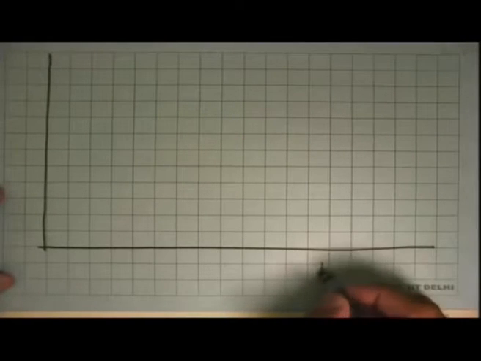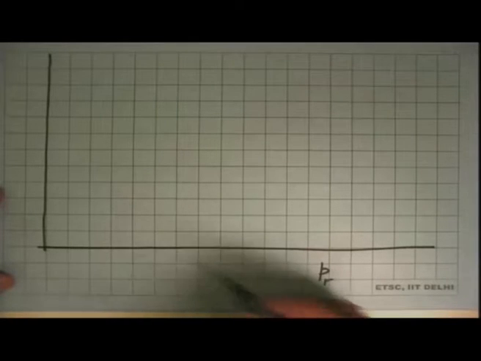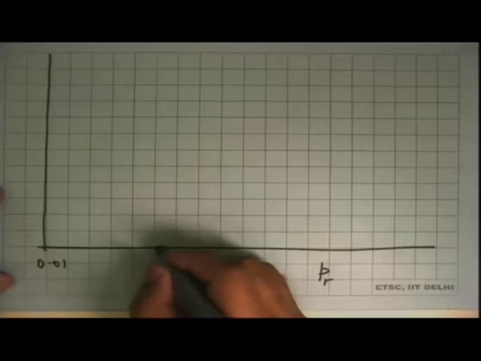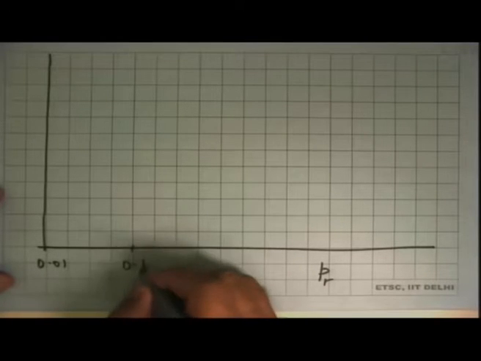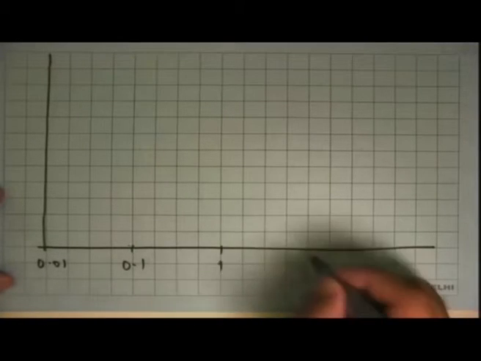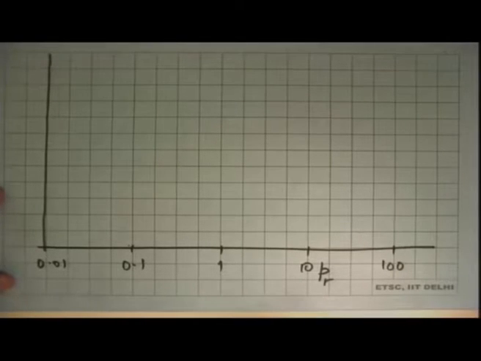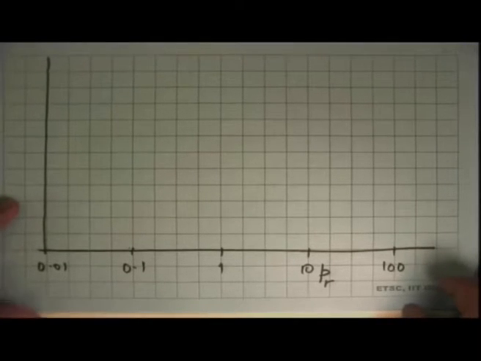Then something quite elegant happens. So this side is reduced pressure, and this will be logarithmic scale: 0.01, somewhere here 0.1, 1, 10, 100. Reduced pressure has no units, so no problem.